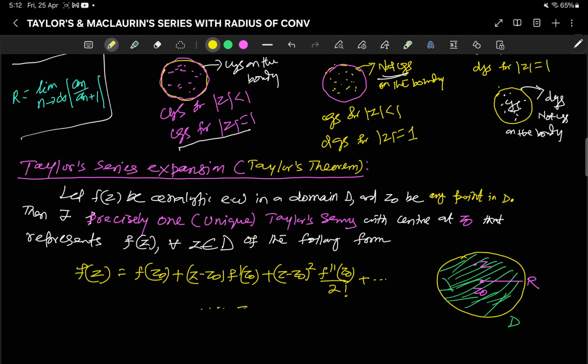If you continue, it will be (z minus z0) to the power n times the nth derivative at z0 divided by factorial n, and so on. It will continue, and the series is valid within the region of convergence, mod of z minus z0 less than R. Here R is the radius of convergence.